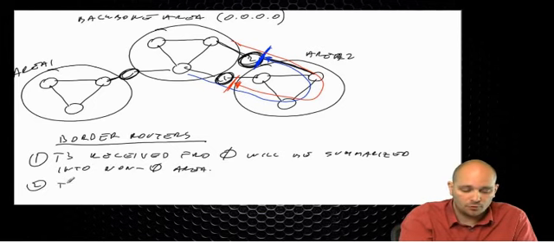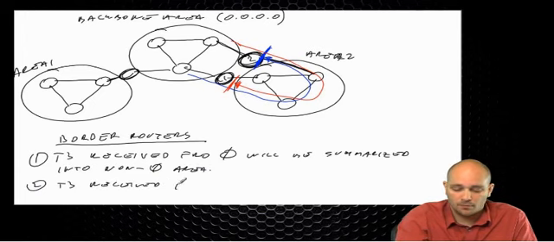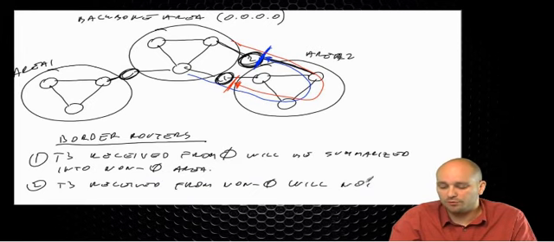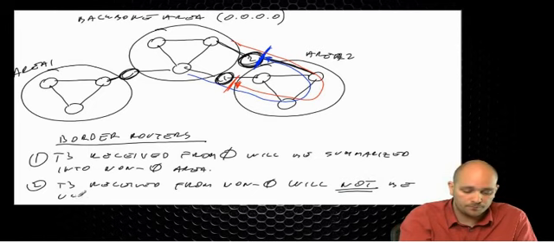Information, or actually type 3 received from a non-zero area will not be used for routing.